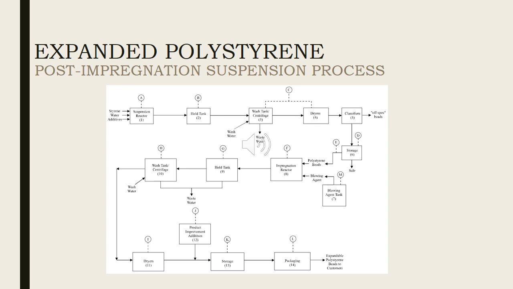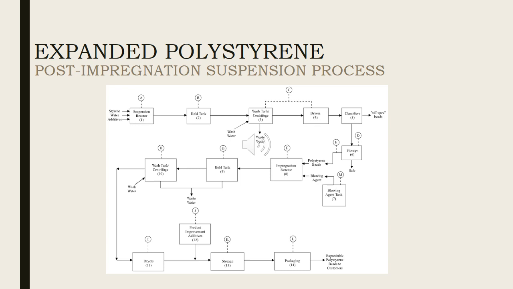In the second line, the product beads from the storage bins of the first line, water, blowing agent from unit number 7, and any desired additives are added to an impregnation reactor, unit number 8.